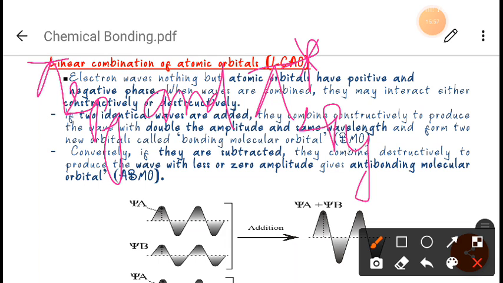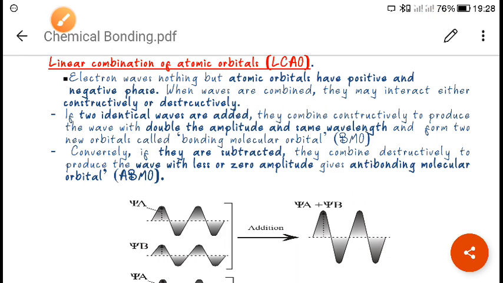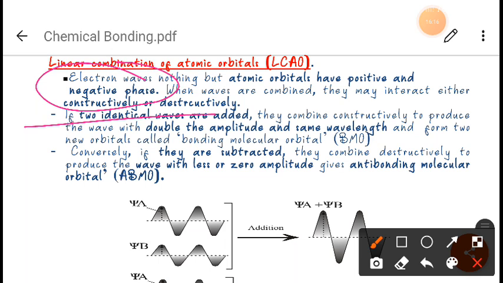Now again, in the pi 2px and 2py molecular orbitals, the electron density is concentrated into two regions, above and below the plane containing the internuclear axis. Let me draw it. When we have seen the combination, one was here, another one is here.